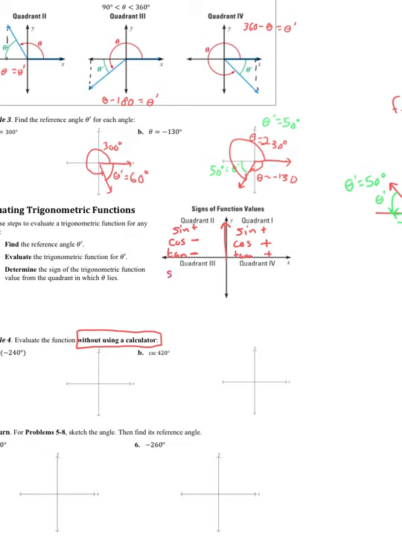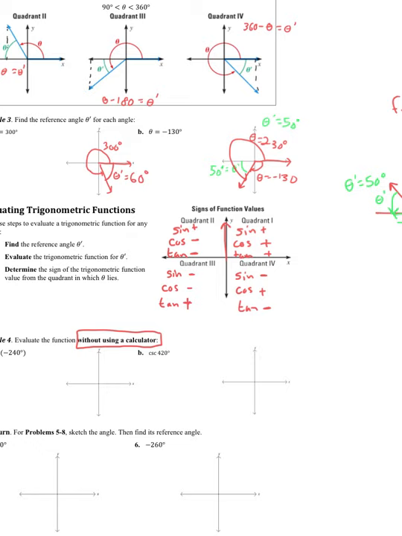In quadrant 3, sine is going to be negative. My cosine function is going to be negative because I have a negative y and negative x. Tangent is actually going to be positive in quadrant 3. And then in quadrant 4, sine is going to be negative, cosine is going to be positive, and tangent is going to be negative.